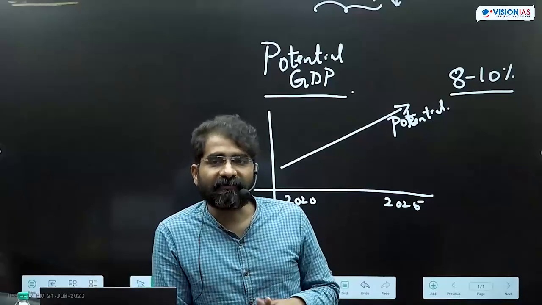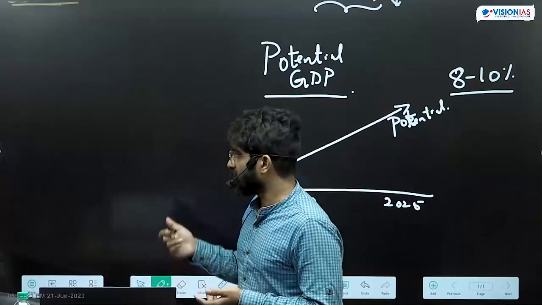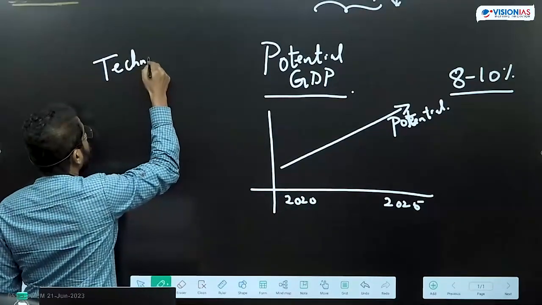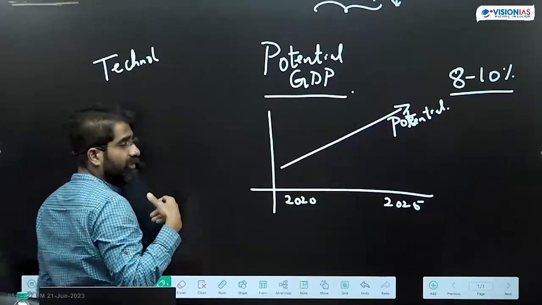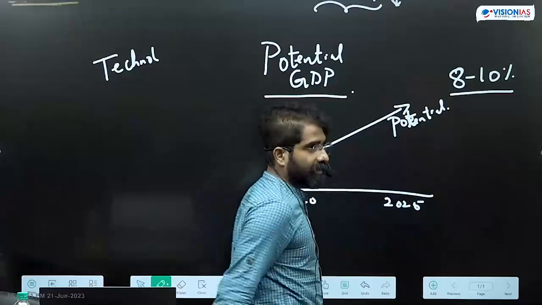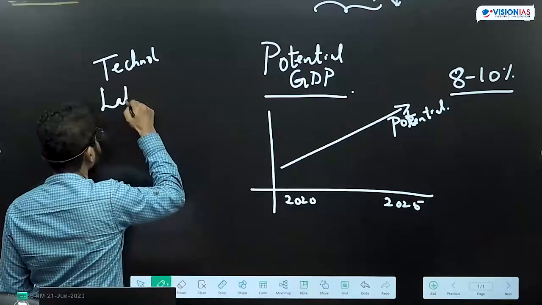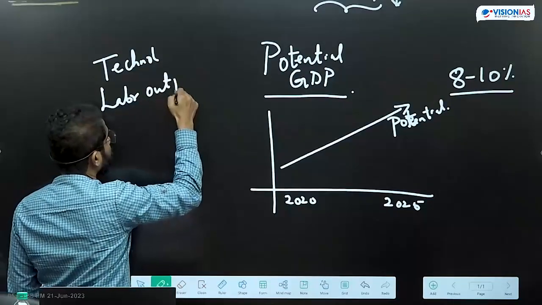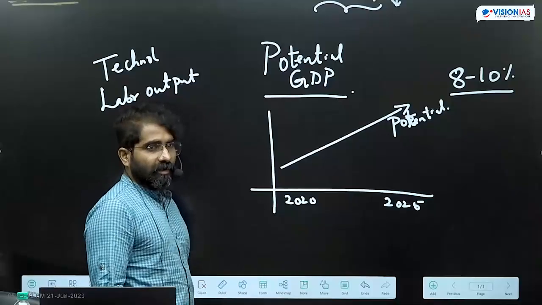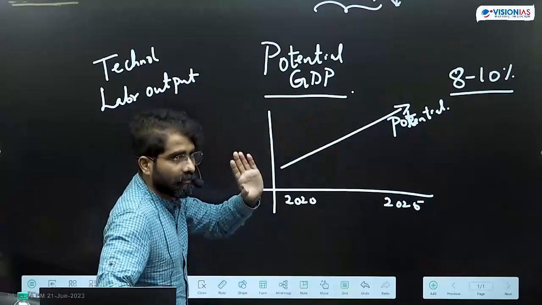Now, what are the factors that can affect the potential GDP? Obviously, technology can affect the potential GDP. If better technology comes up, then the potential GDP will be at a higher level. Or labor efficiency, better human capital, along with better machines and technology, then also you will have a better potential GDP.